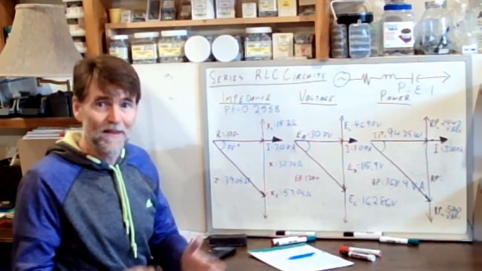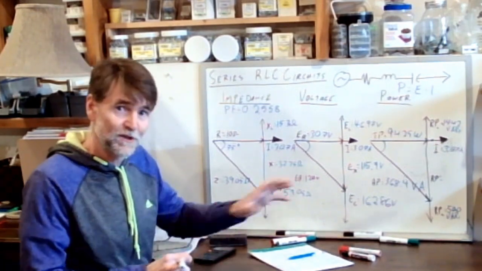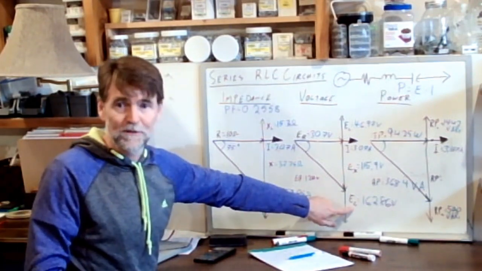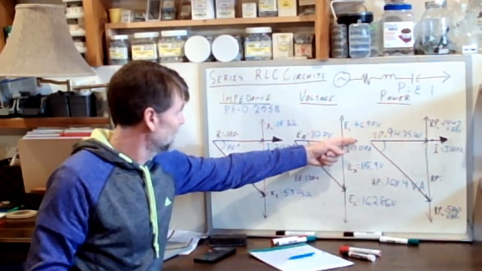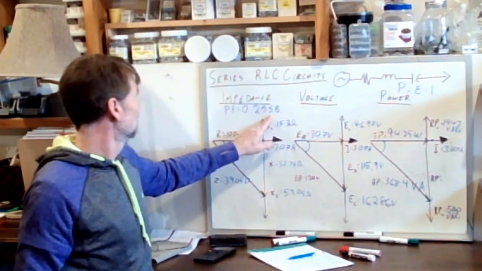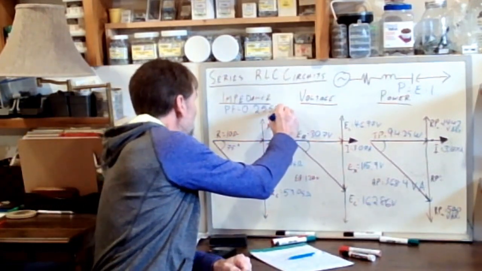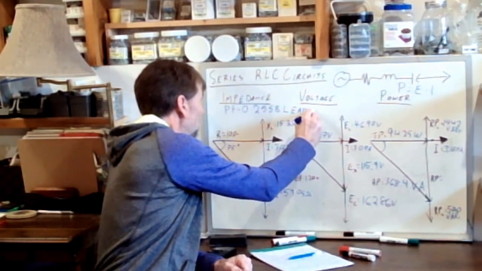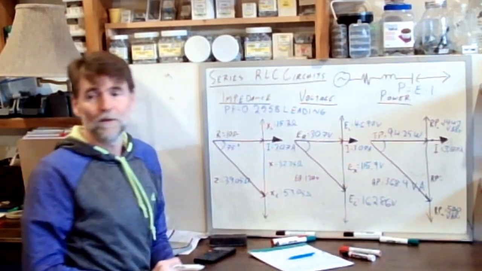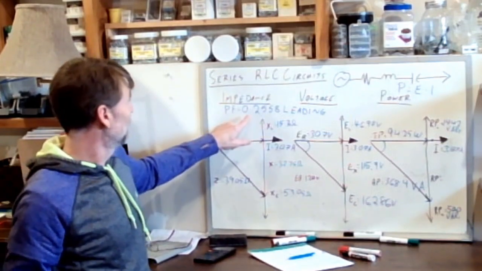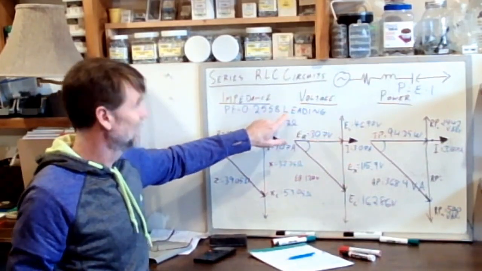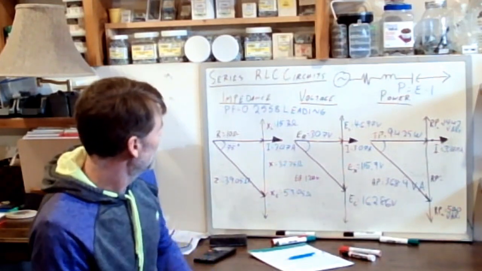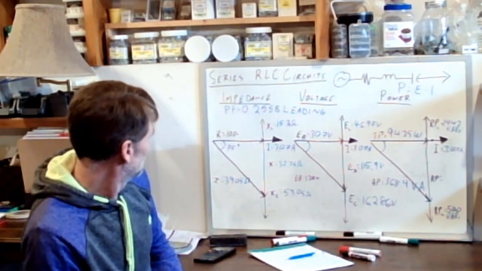ELI the ICE man, which is where the whole conversation started in lesson 1, says that in a capacitive circuit we find the current leading the voltage, which is exactly what we want to say about our power factor, that it is leading. So our power factor is 0.2558 leading. And that sums it up.